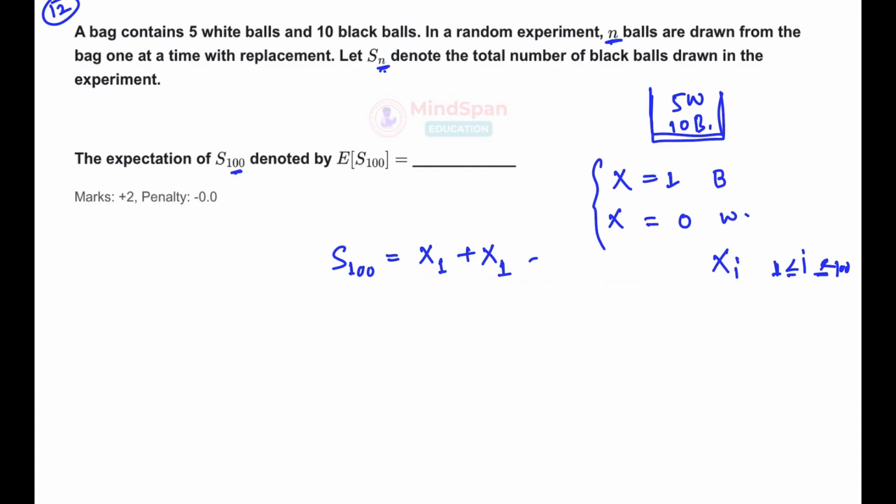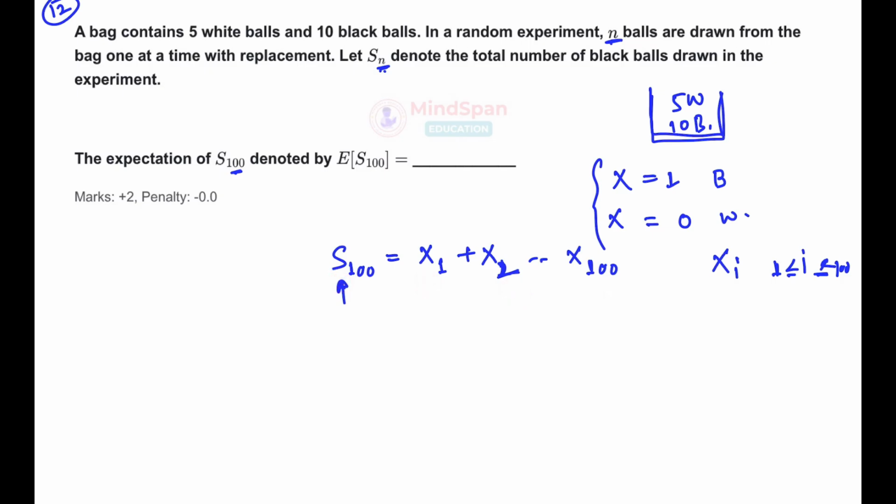We will do this 100 times, and depending on whether we get a black or white ball, this random variable takes the corresponding value, right? And the sum gives how many black balls we have got in 100 trials, right?